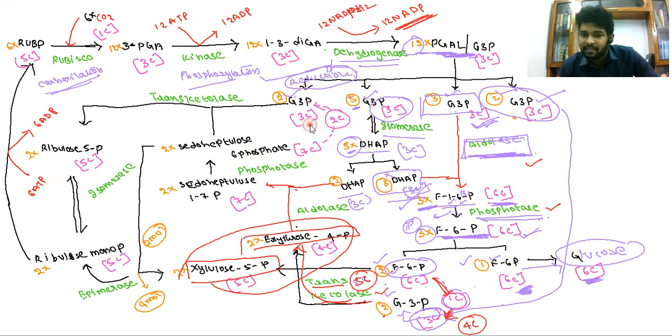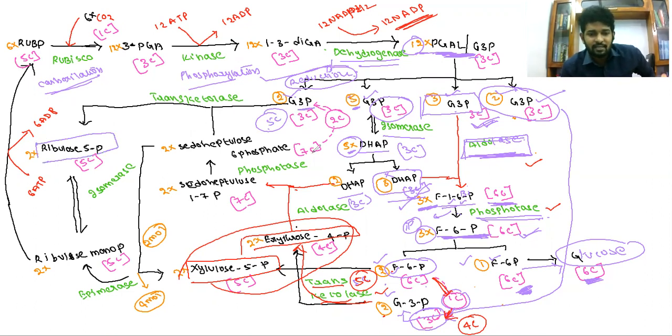Then this 3 carbon compound turns into a 5 carbon compound. The 5 carbon compound produced here is ribulose 5 phosphate.